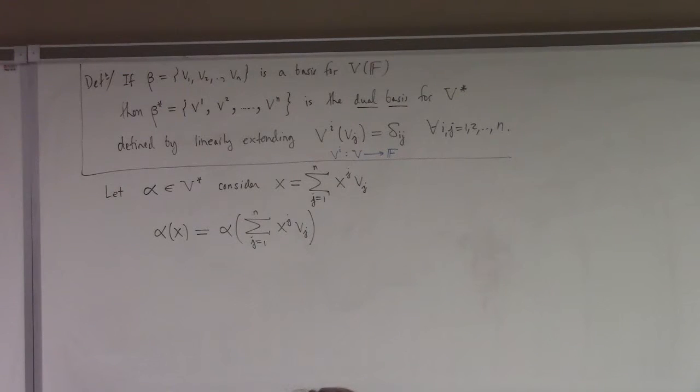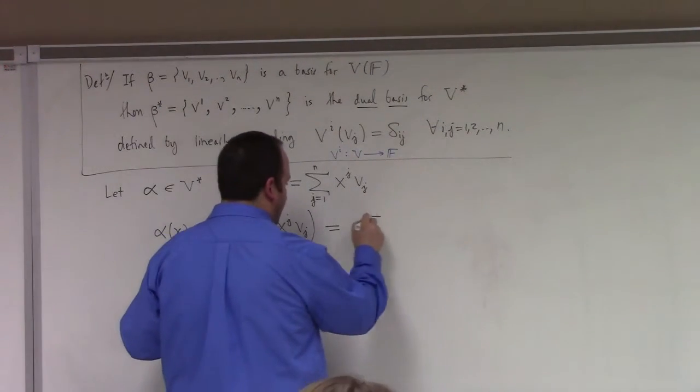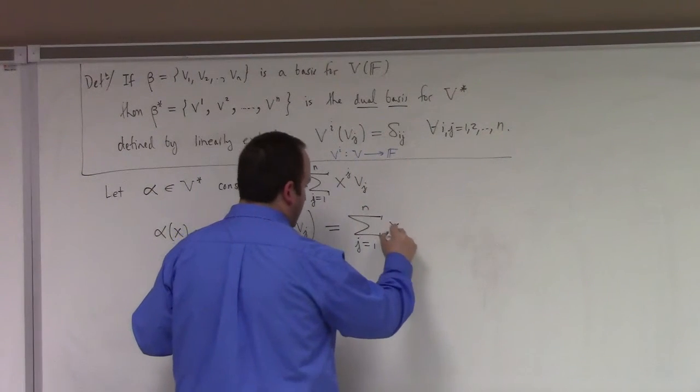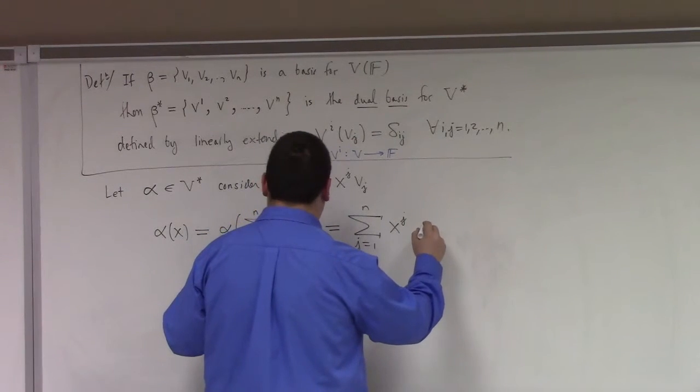Alpha is a dual vector, so it's a linear function of vectors, which means I can pull out the sum, and I can pull out the numbers x^j, and what does that leave me with?